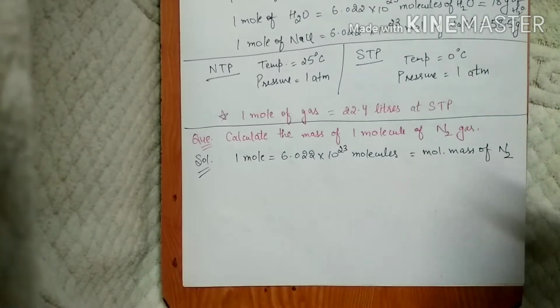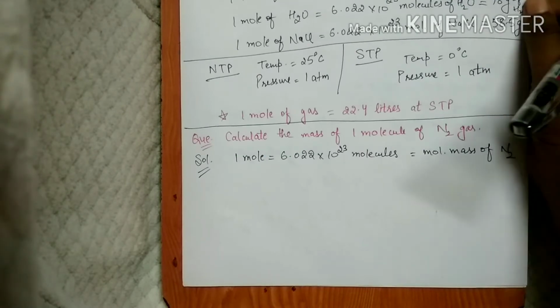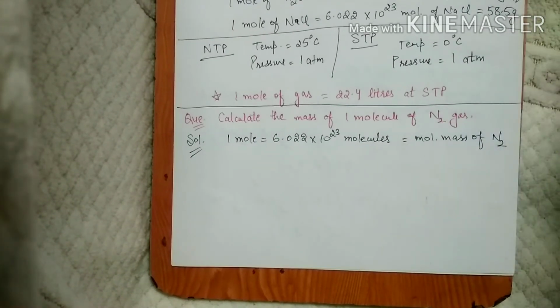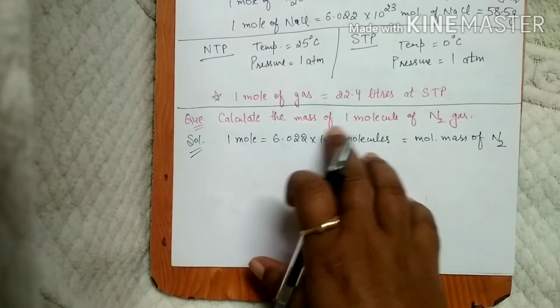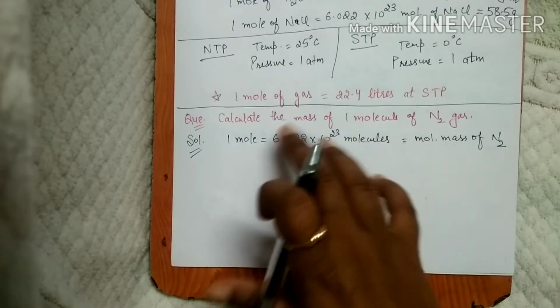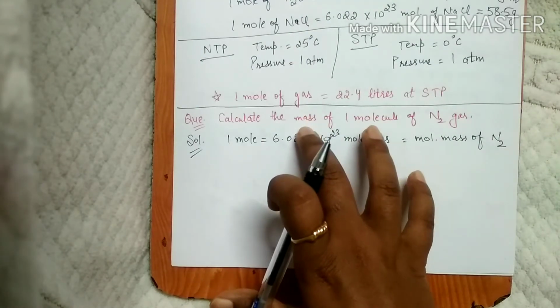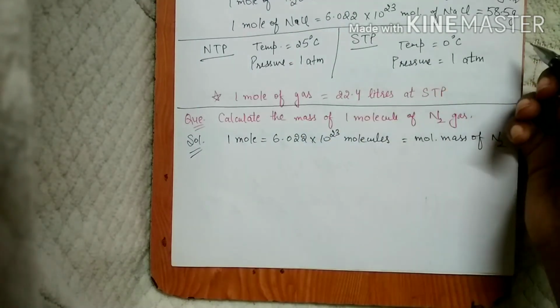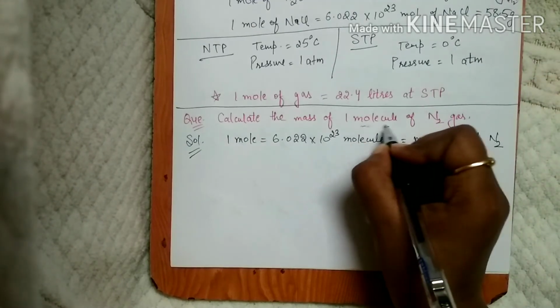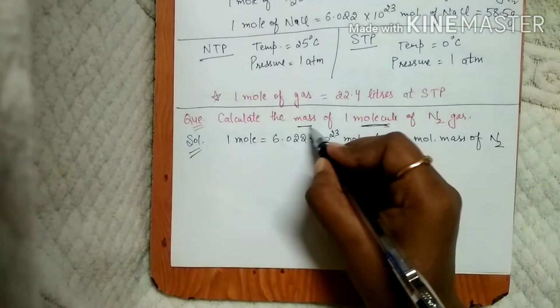Okay, so now we have to see between which two things we want our relation. Here we have to calculate the mass of one molecule. We have to get a relation between number of molecules and the mass.